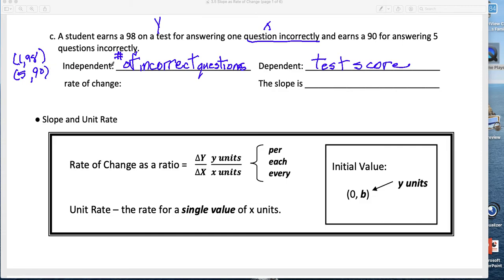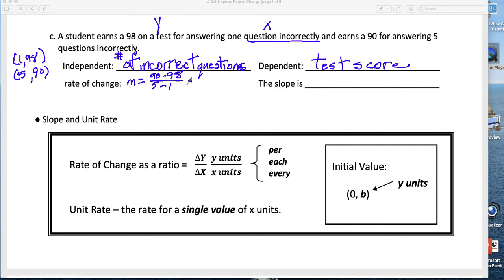Okay, so I'm going to use my formula for slope with my 2 points, because I can always find the rate of change if I've got 2 points. So I've got a 90 minus a 98, and I've got a 5 minus a 1.